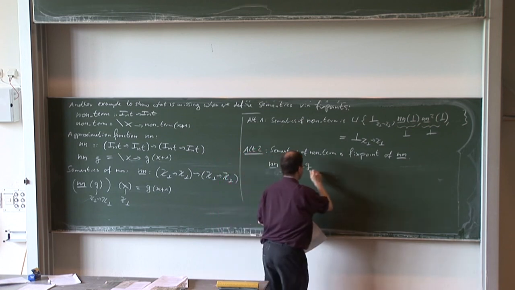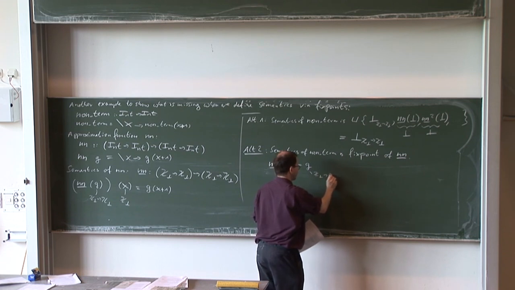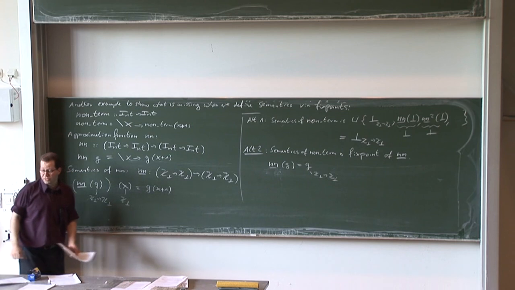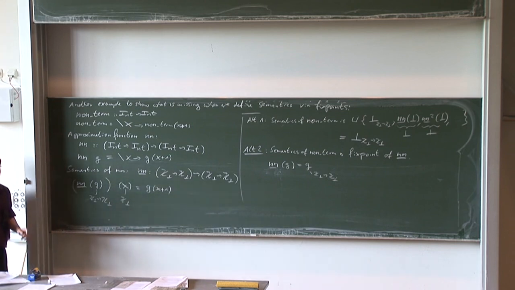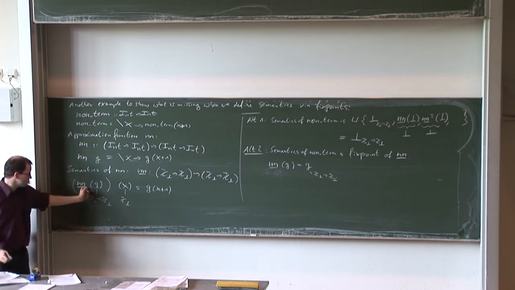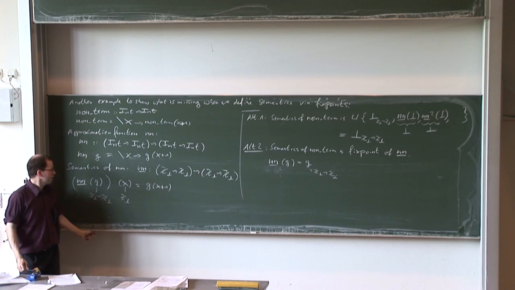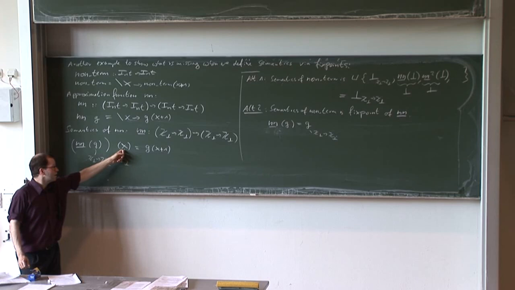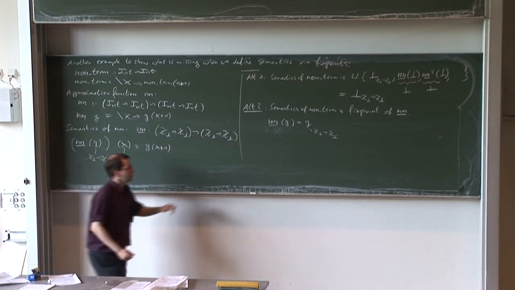And here g is from z bottom to z bottom. Now, how do fixed points of nn underlined look? Now, nn underlined is a function which takes g and then takes an argument and gives us g of x plus 1.